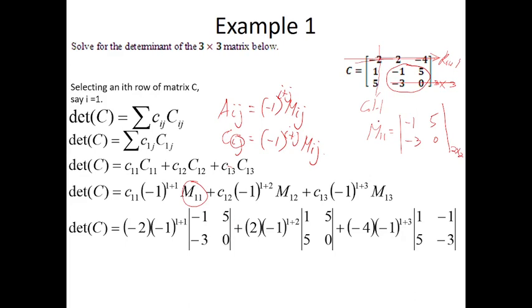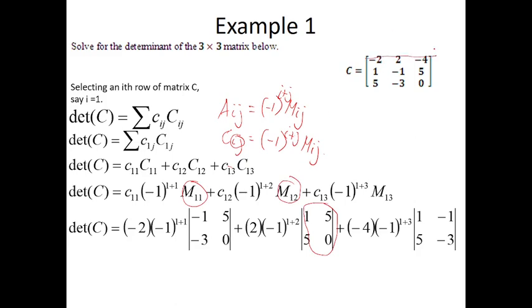Okay? And we can also consider this one. How did we get this? So, mayroon tayong M12. So, delete row 1 and column 2. So, row 1, column 2, ito, 1, 5, 5, 0. I hope you can follow the discussion.